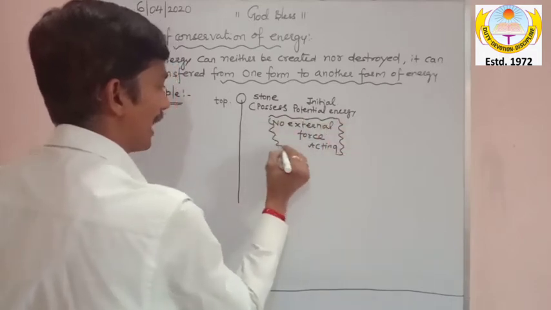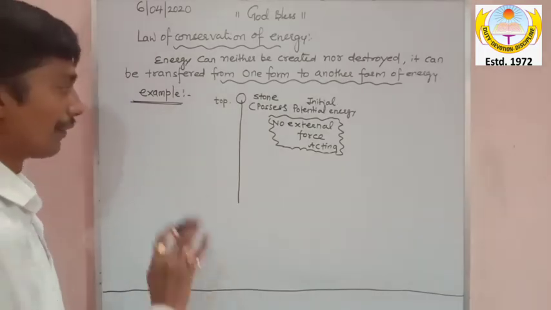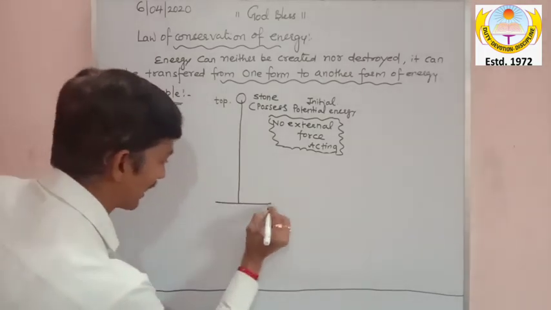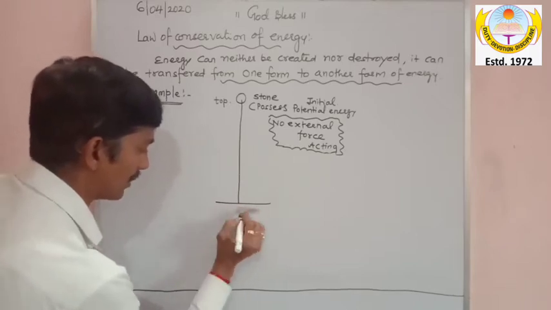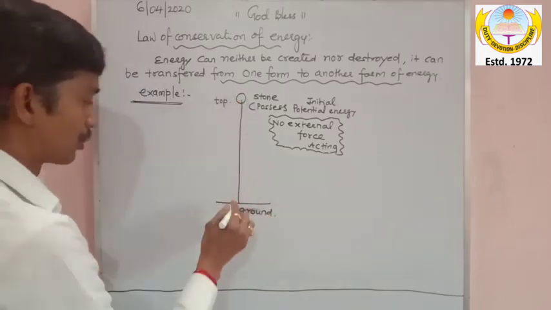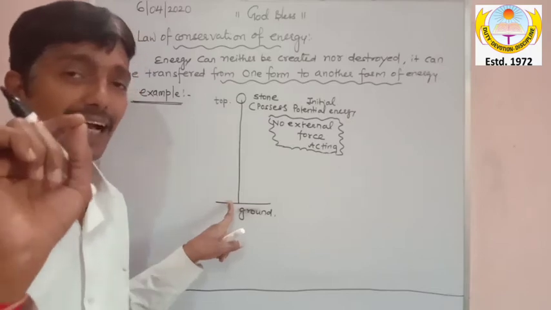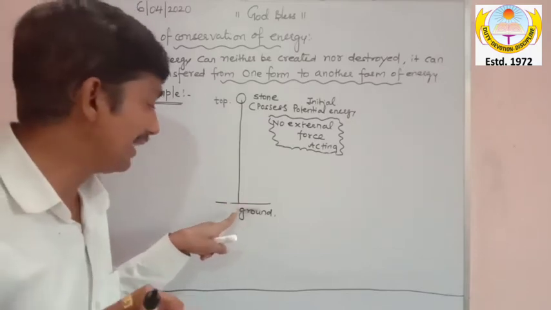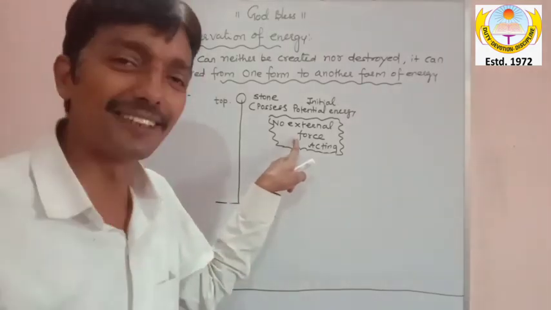And here is the ground. I am writing here ground, G-R-O-U-N-D. Now, my dear, when this stone hits the ground, that's what NCERT has written, then definitely there will be a force acting on it.